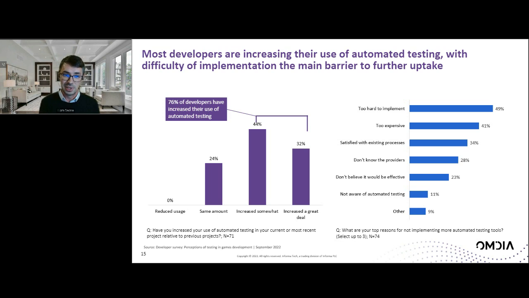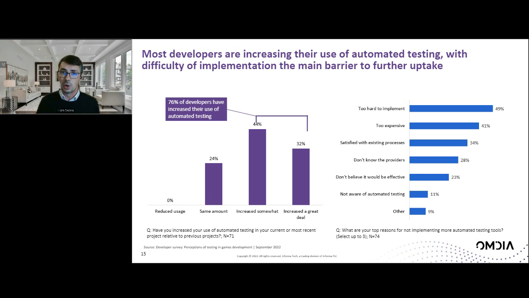There is a certain percentage that are saying the same amount, but the vast majority, 76%, are increasing their use of automation testing compared to where they were in the past. So we can see that things are very much moving in the direction of more automation.